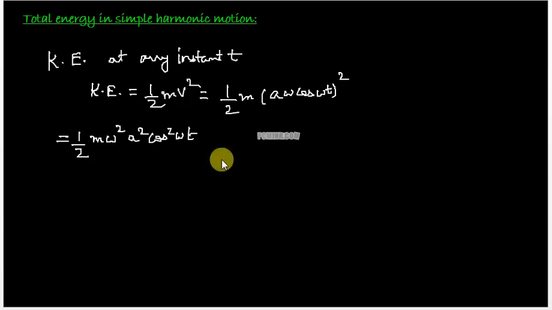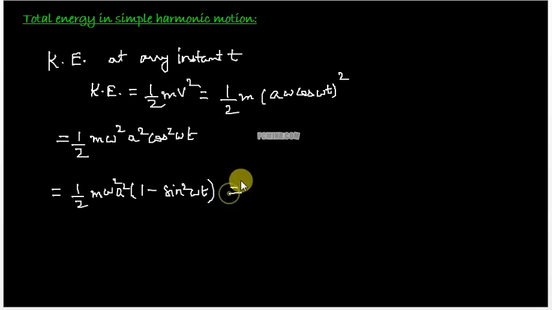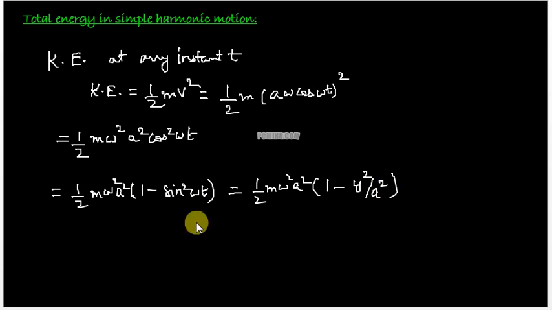t. We can write this, and also we can write it as half m omega square into a square. We can keep a square outside here. Cos square omega t is 1 minus sine square omega t. So we can write this as half m omega square a square into 1 minus y square upon a square, because y is a sine omega t, so sine omega t would be y by a, so this becomes y square by a square.